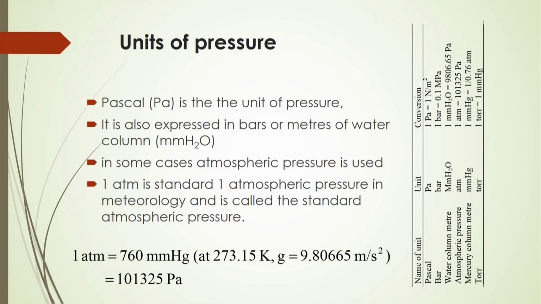1 atmosphere equals 760 millimeters of mercury at 273.15 Kelvin, where g, the gravitational acceleration, equals 9.80665 meter per second square. This 1 atmospheric pressure equals 101325 Pascal.